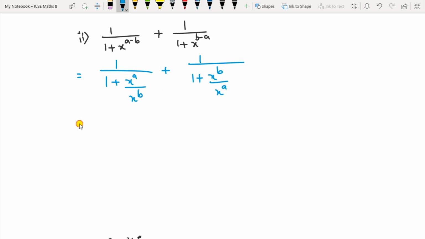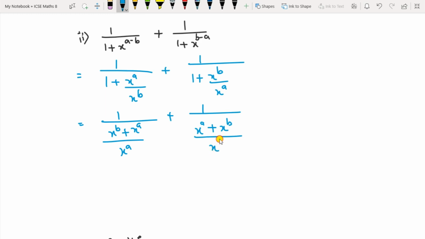Now take the LCM. So this becomes in the denominator x raised to b plus x raised to a upon x raised to a, plus 1 upon x raised to a plus x raised to b upon x raised to a.